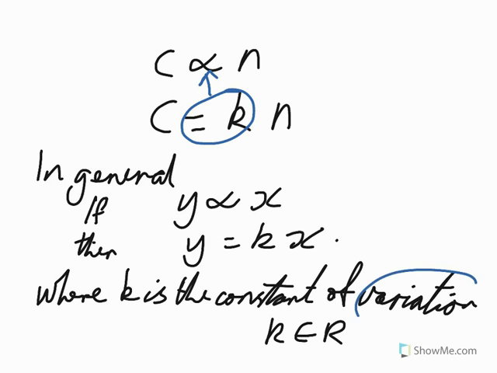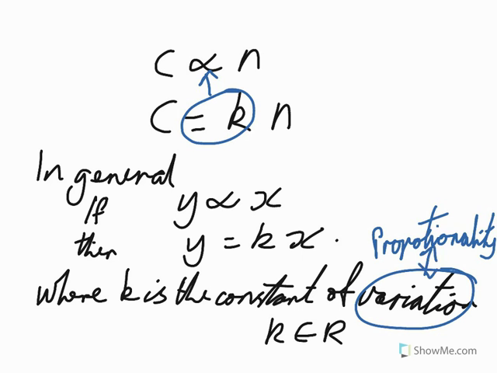Now, this word variation, proportionality is another word that we can see. So those two words there are interchangeable. Okay, so let's have a look at some examples.